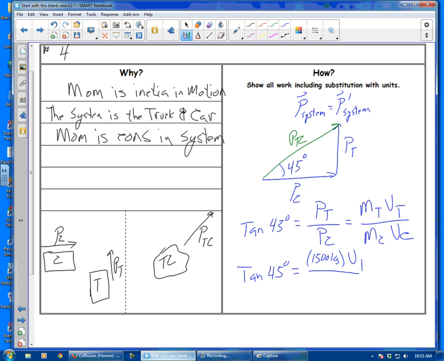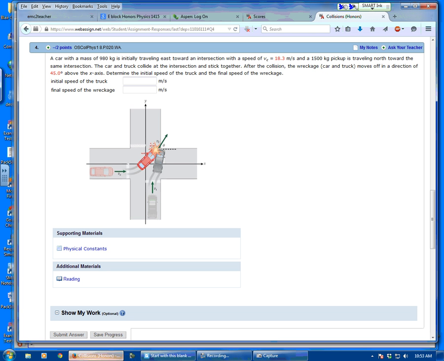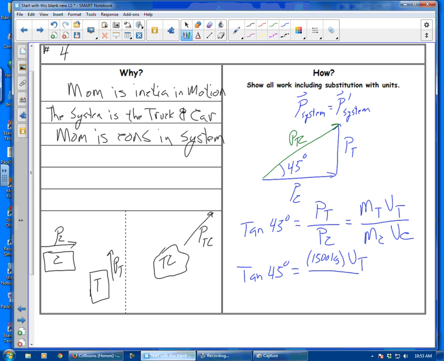I don't know the speed of the truck, right? I know the inertia of the car, 980 kilograms, and the speed of the car, which is 18.3 meters per second.